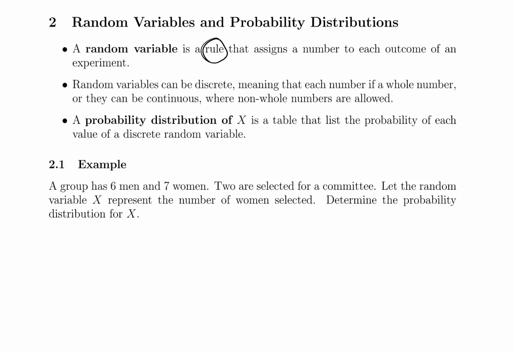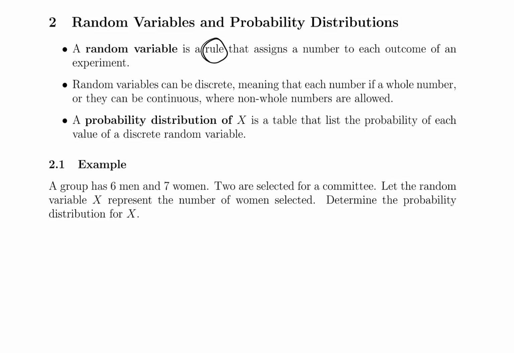Now, if you're looking at an experiment where the outcome is already a number, then typically that's what you would use as your random variable. For example, if you looked at the height of people in a classroom, their height in inches or feet is already given to you as a number. So it would be easy to say my random variable is going to be their actual height.